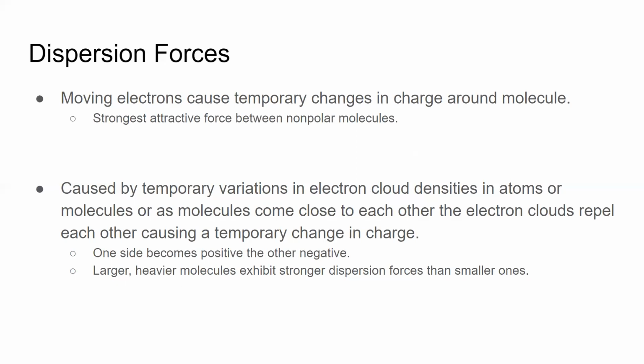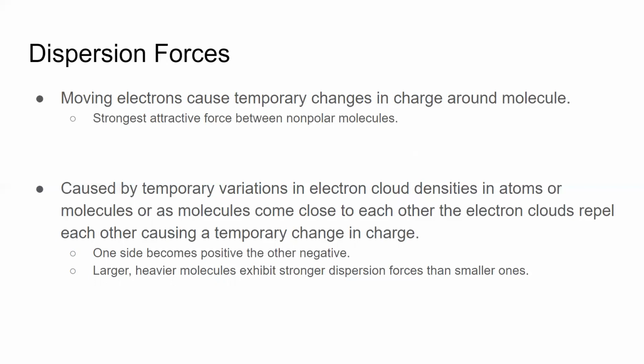It's also the case that as like molecules come close to each other, those electron clouds repel each other, causing that same temporary change in density away from each other, causing, again, positive and negative charges. One side becomes positive, the other negative, allowing for a very, very temporary attractive force.